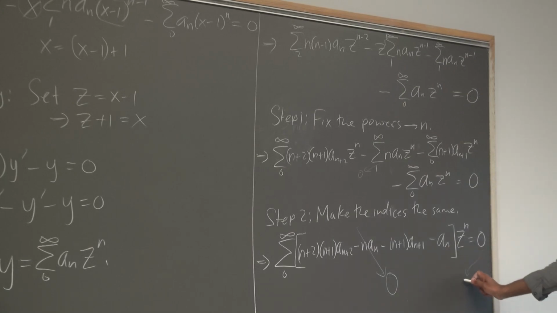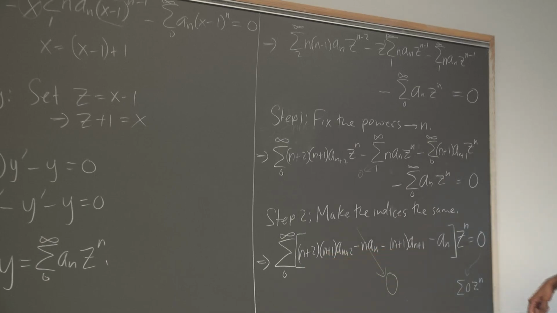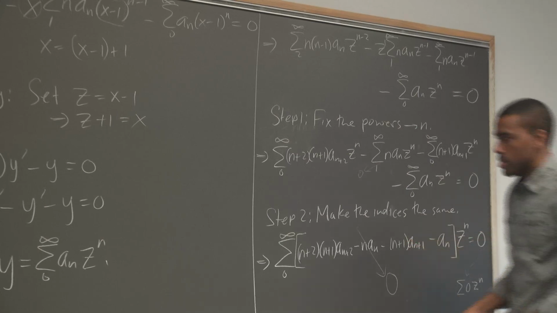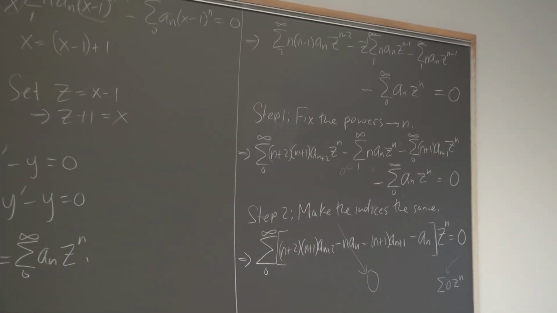We're thinking of this as the series of 0 z^n, just 0 plus 0z plus 0z squared plus 0z cubed, etc. When we equate the coefficients, it means that all the coefficients over here have to be 0 to match up to that side. If I gave you a function here, all you have to do is set the coefficients here equal to the coefficients there. But in the case of 0, you just set it equal to 0.